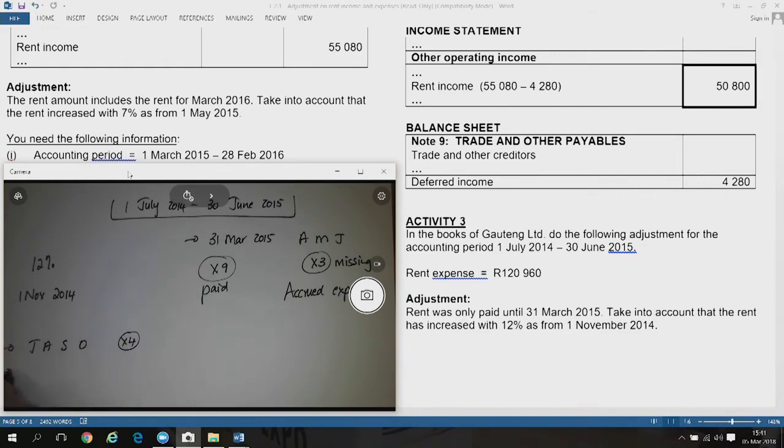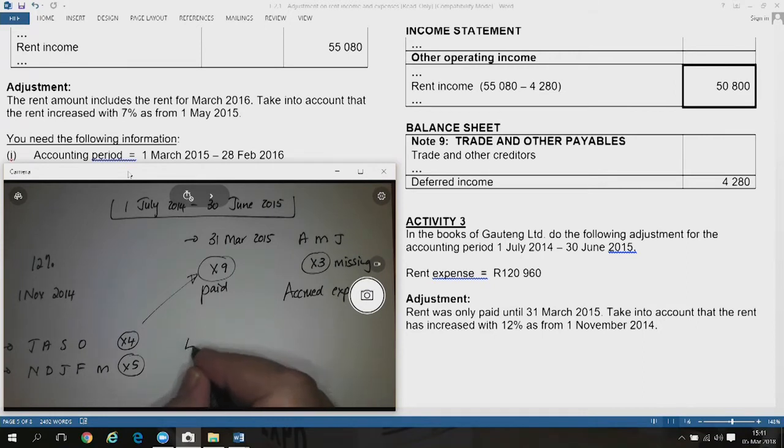After the increase, November, December, January, February, March. 5. The total is 9, because we only paid until the 31st of March. April, May, and June, until the end of the year, is still payable.